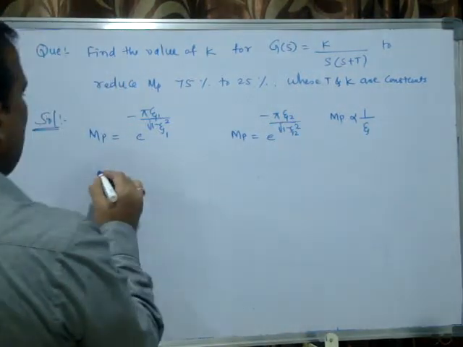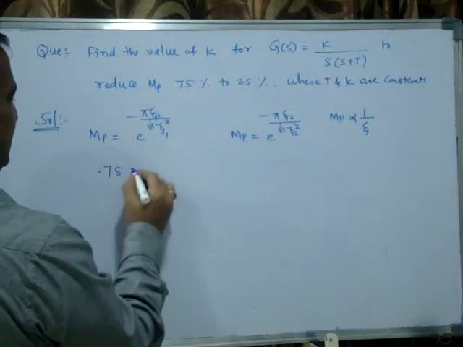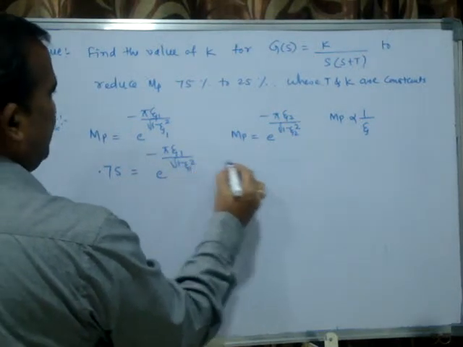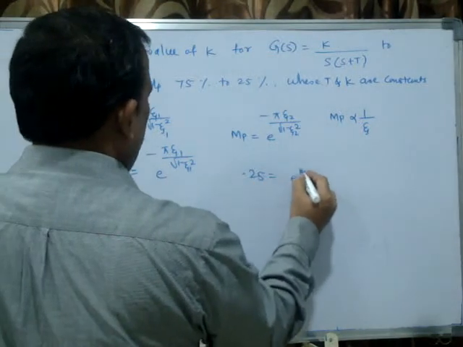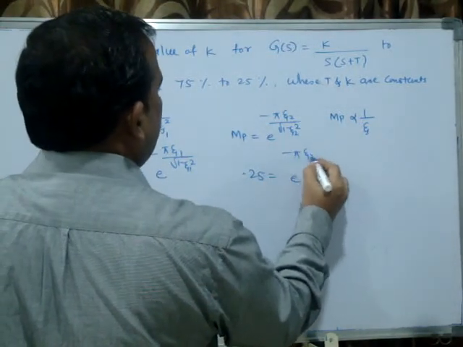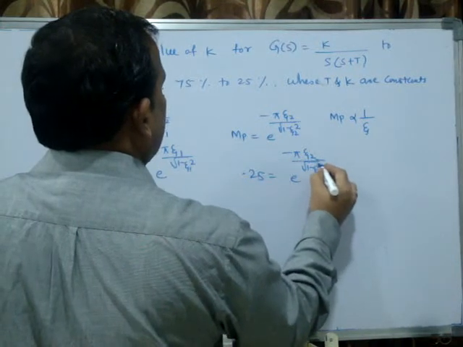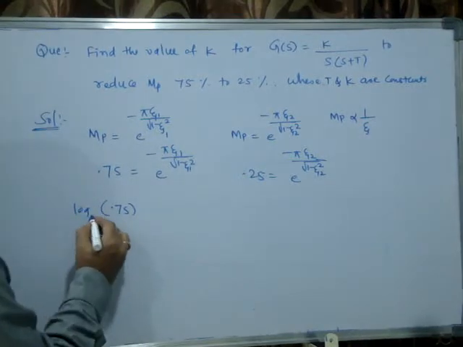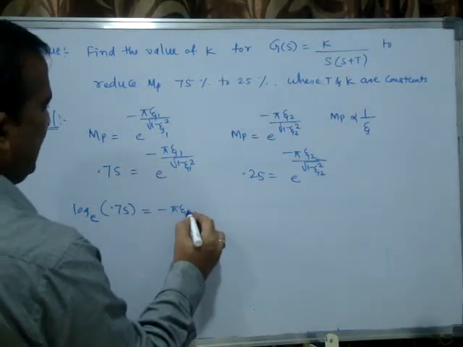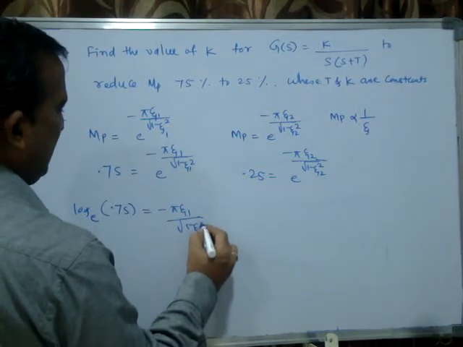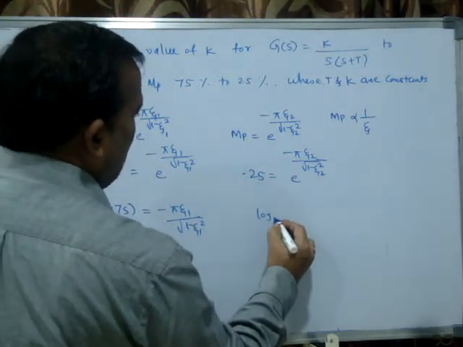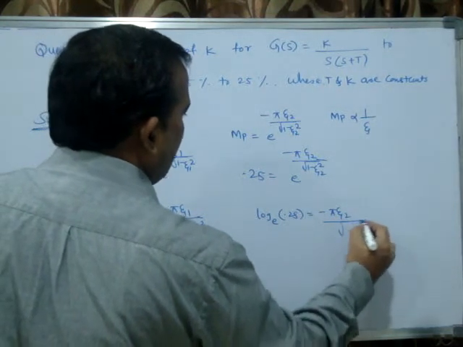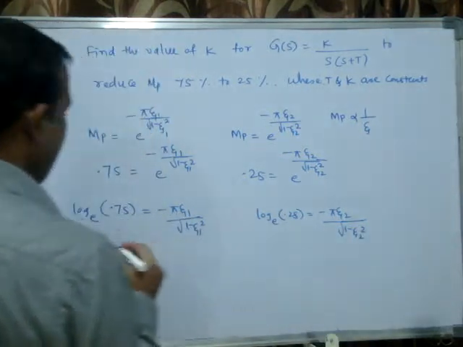What is the first MP? 0.75, because I have not written 100. So now log 0.75 is equal to minus pi zeta 1 by root of 1 minus zeta 1 square, and here also log 0.25 is equal to minus pi zeta 2 by root of 1 minus zeta 2 square.